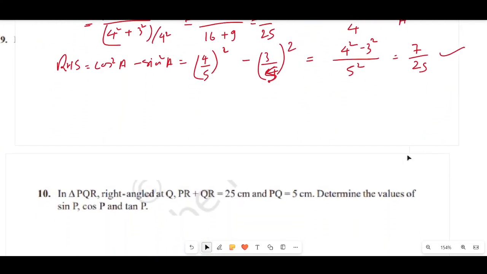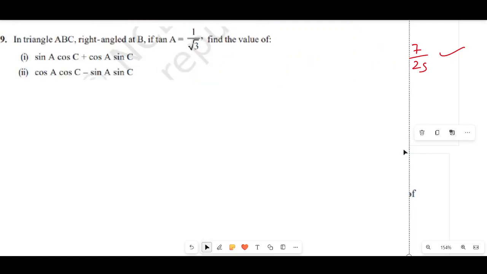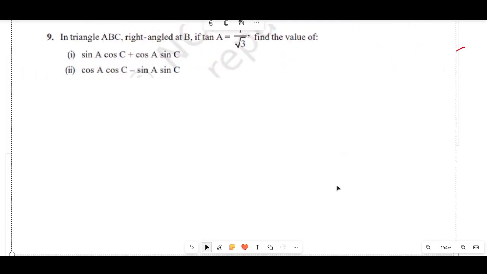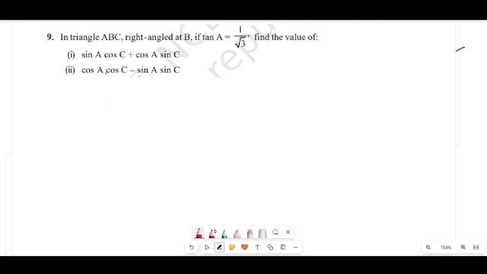Come to question number 9. Clear? Question number 9 is: given that in triangle ABC, right angle at B. Now first we should draw a triangle.